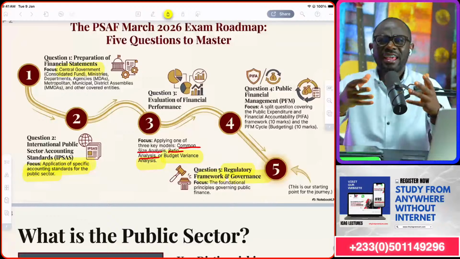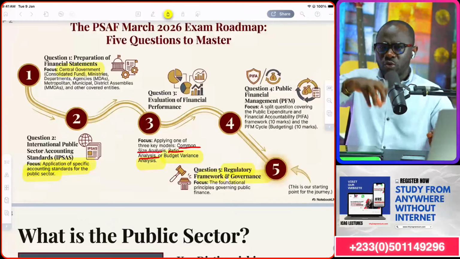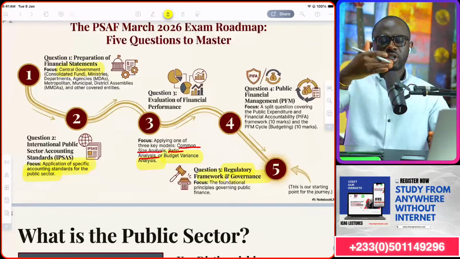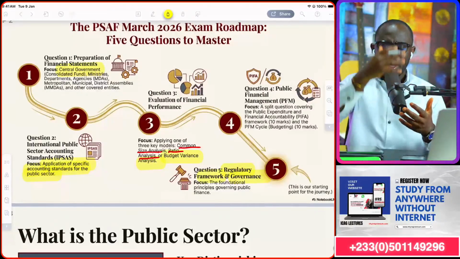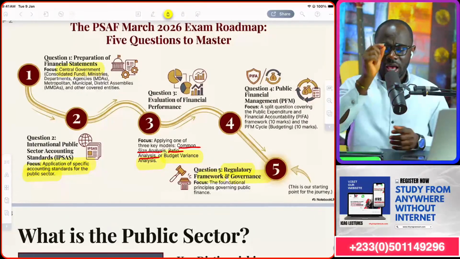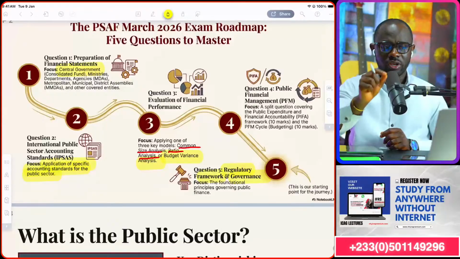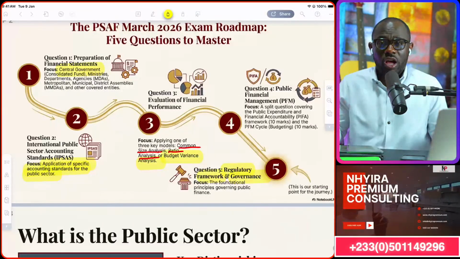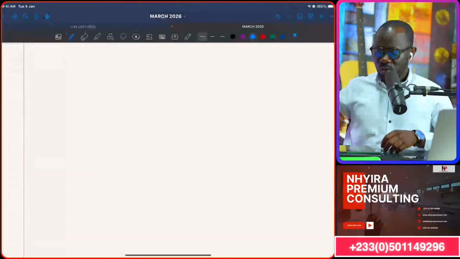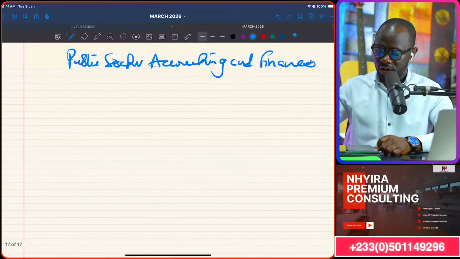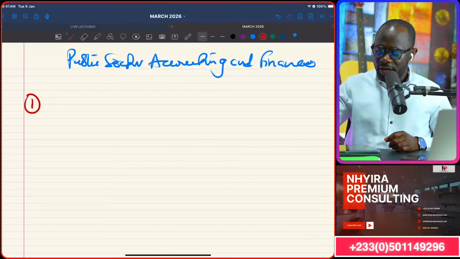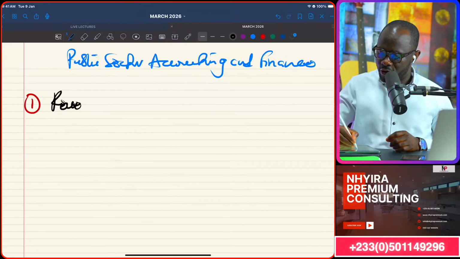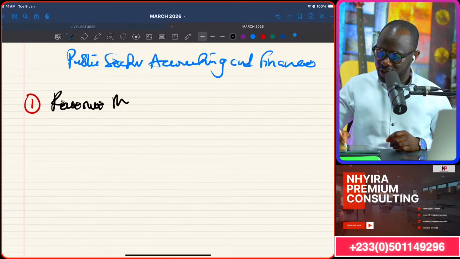What exactly are the things that you have to pay attention to optimize your chances of understanding public sector very well, and most importantly, putting yourself in the position so you can pass the examination? What do you have to understand? And that is where I want to start my discussion from. Number 1 is this topic called revenue management and expenditure control.